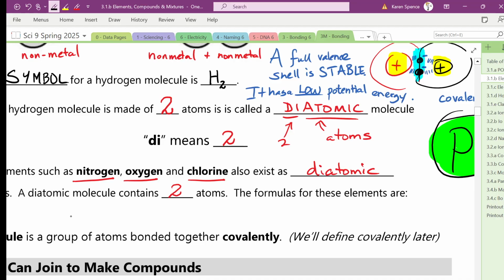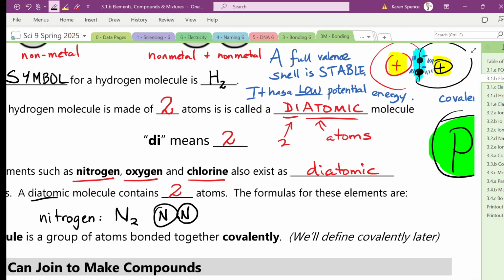What's the formula for nitrogen? What's the symbol for nitrogen? N. And because it is diatomic, what would we have to put? We'd put a little 2, because what you really have is a little N stuck to another N. What do we call that, like stickiness? That's called a chemical bond, okay?